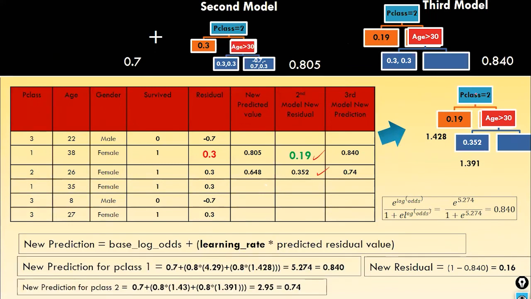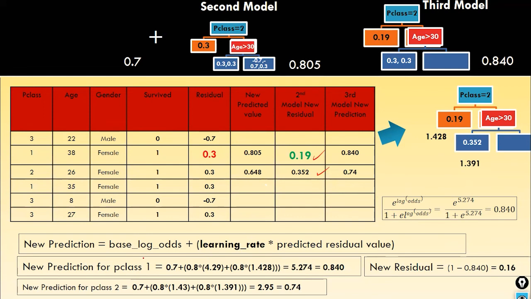In this case, we did the transformation using the sum of residuals divided by previous probability times 1 minus previous probability. When I plugged in these values here, now we can find the log odds prediction.